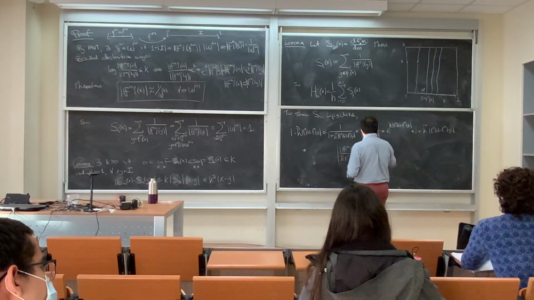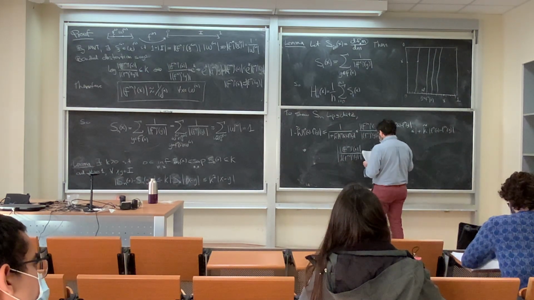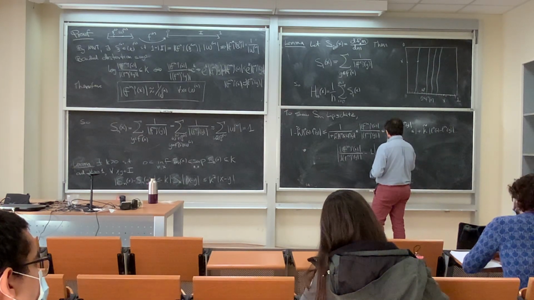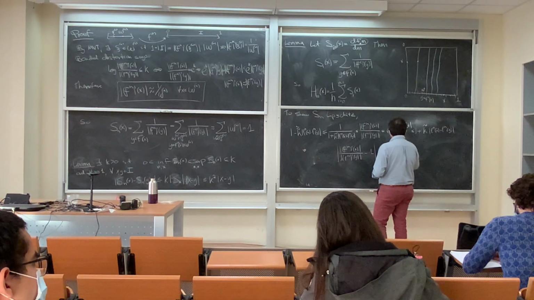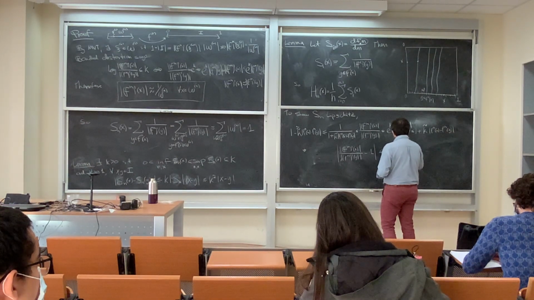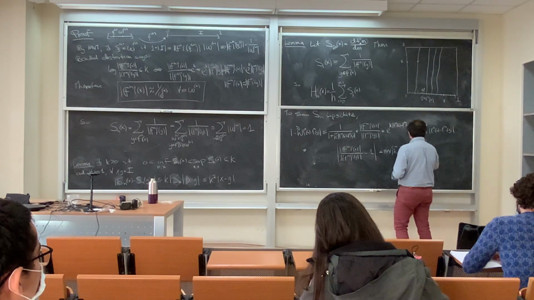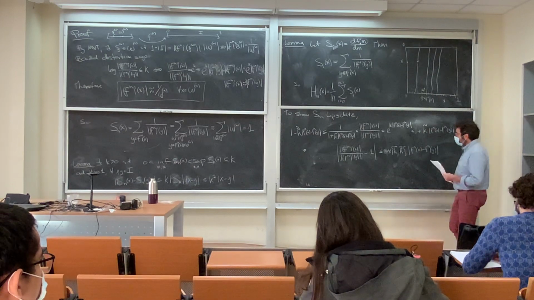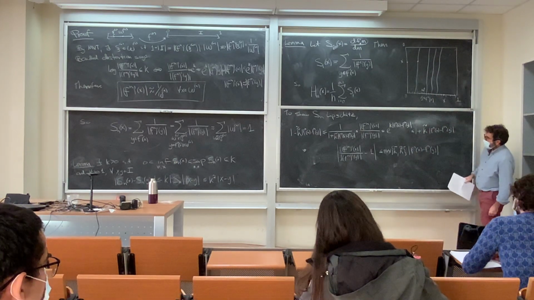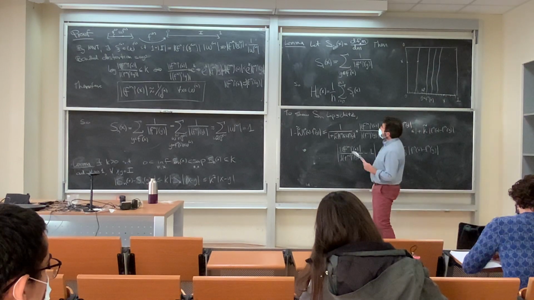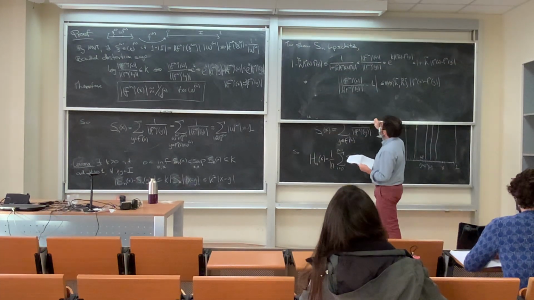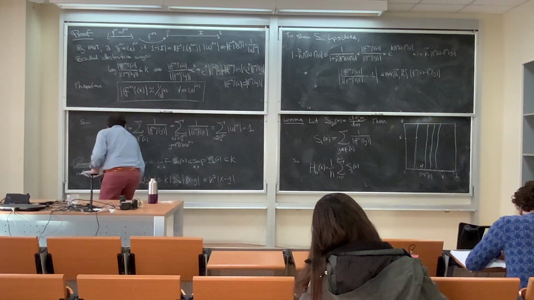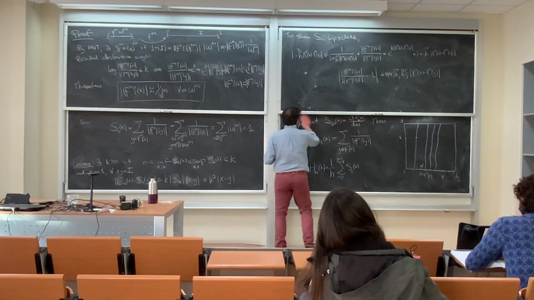This means that this is less than or equal to some k, the maximum between k tilde and k double tilde, times Fn of x minus Fn of y. Okay, and that's all we need. Then again, it will be just one line from this.